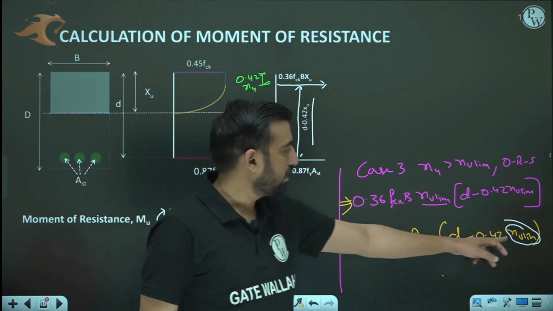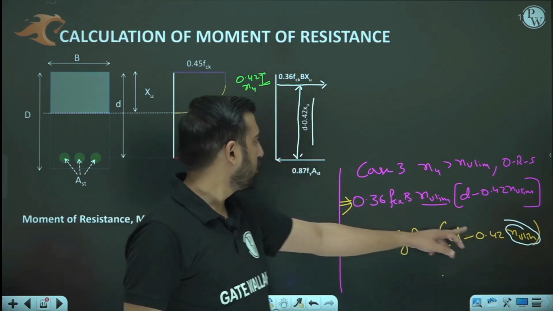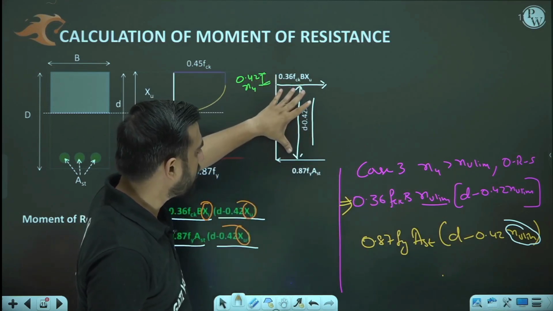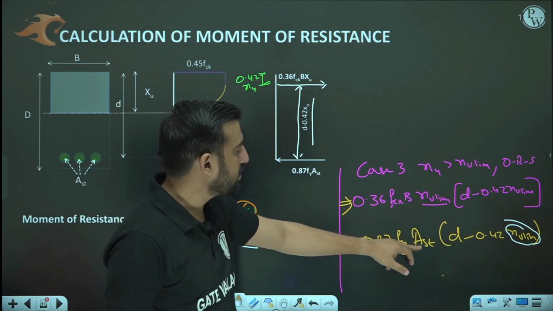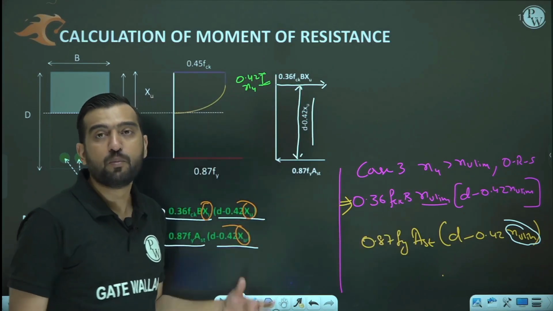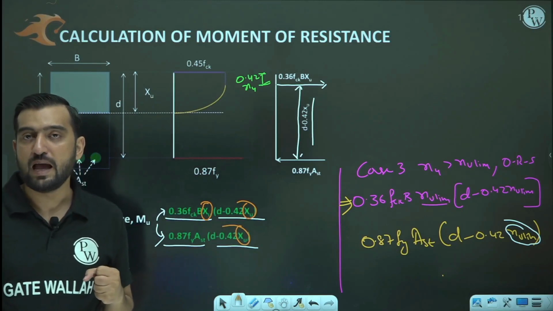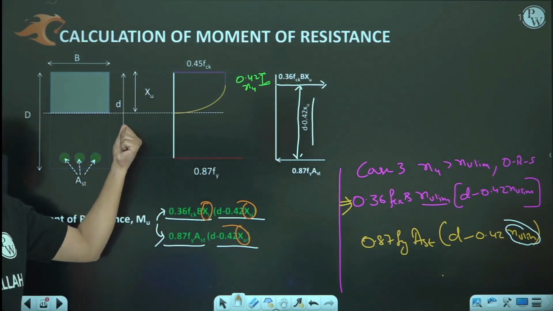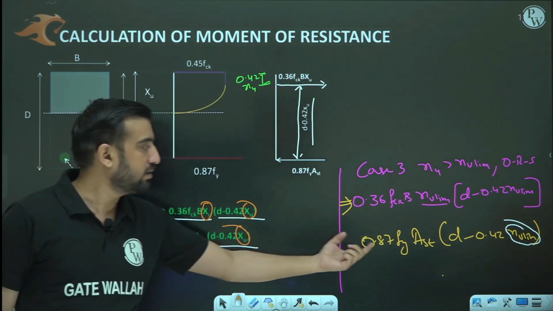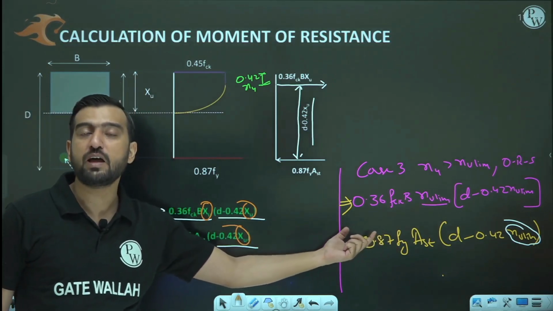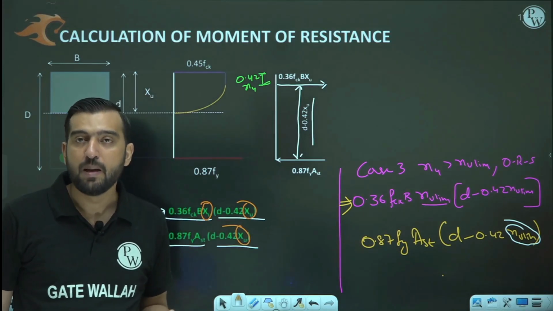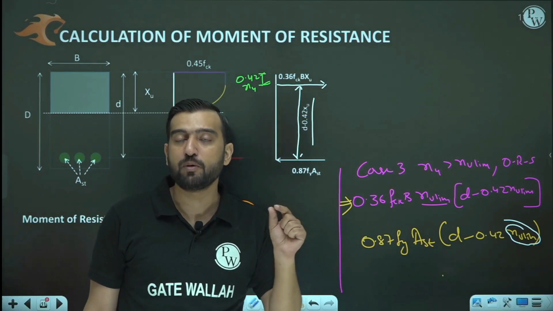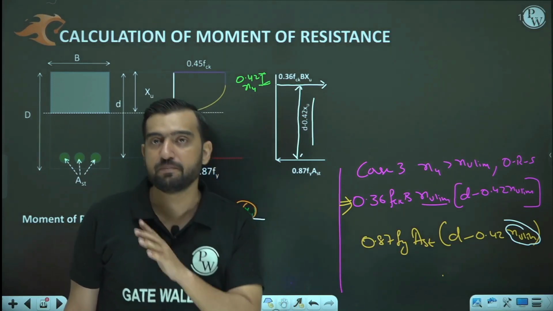This is right, the lever arm is all right, because it is limiting and this is the tensile force. But 0.87 FY AST, and here in AST we are going to put the exact value of the area of steel, and with respect to that value of area of steel, your actual depth of neutral axis would be lower. So numerically this is going to be equal to 0.36 FCK B XU. But we have to find such a value of AST which corresponds to 0.36 FCK B XU limit.